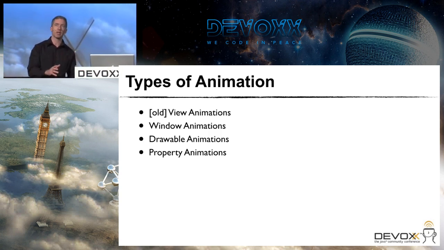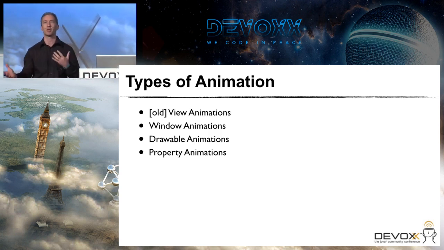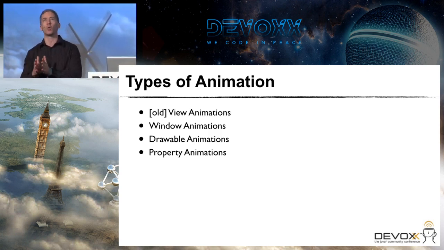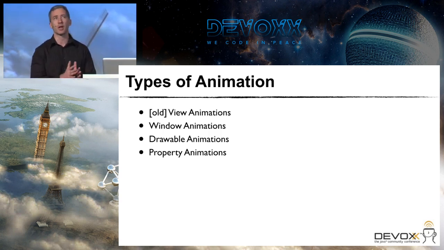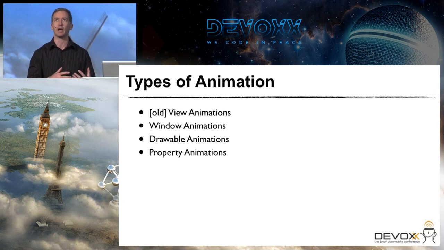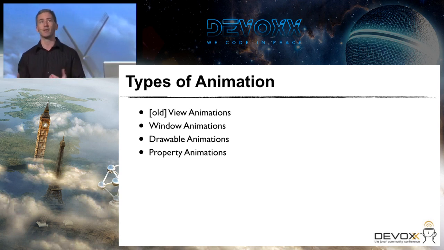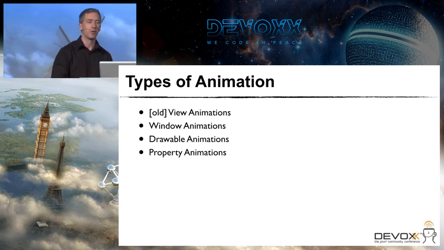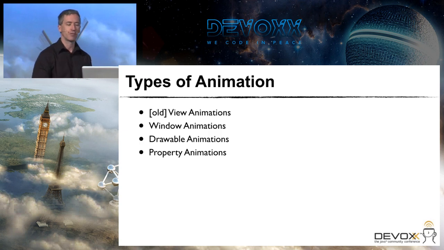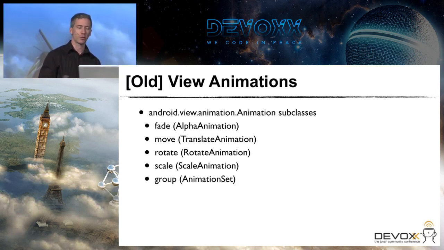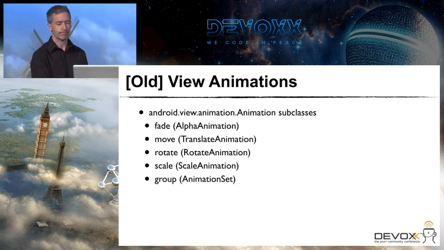That basically uses the same approach, but specifically for transitioning between activities or between windows of sub-activities. And then there's Drawable Animations. There's a couple of specific classes that allow you to animate rendering on the fly of shapes, bitmaps. And then there's the new Property Animations system, which came along in 3.0 and which we've been adding to since then. So we'll go a bit deeper into that because that's kind of the future of where animation is going, sort of a more flexible and robust system.